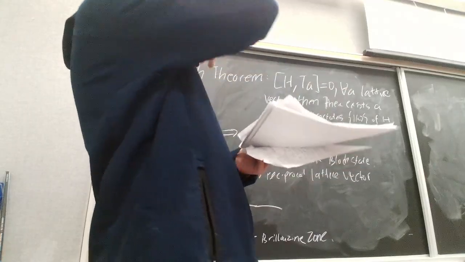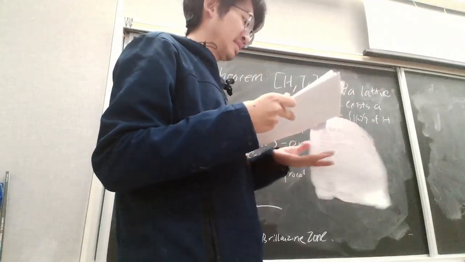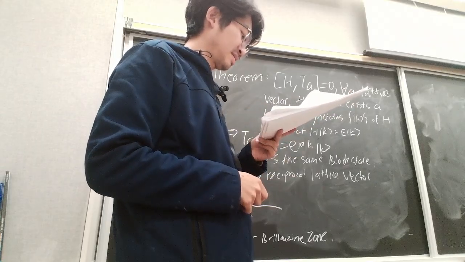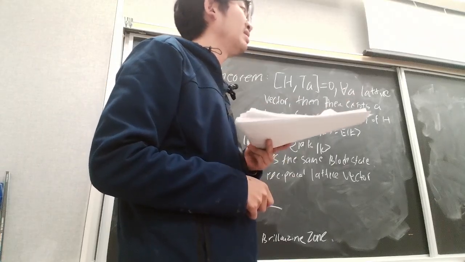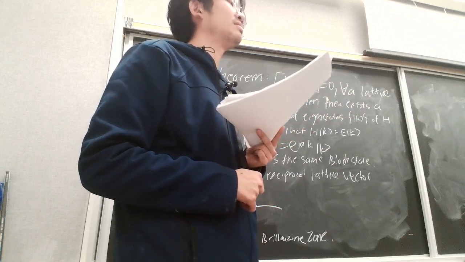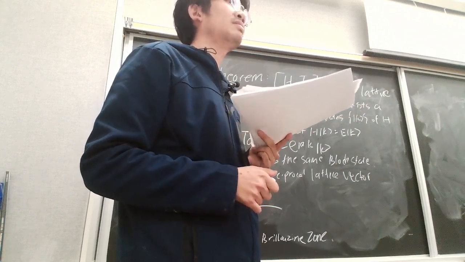The way we do that is the convention of the first zone, where you look at the points when things start being inequivalent from the origin, and then you look at perpendicular bisectors from that. And that will be your first zone.